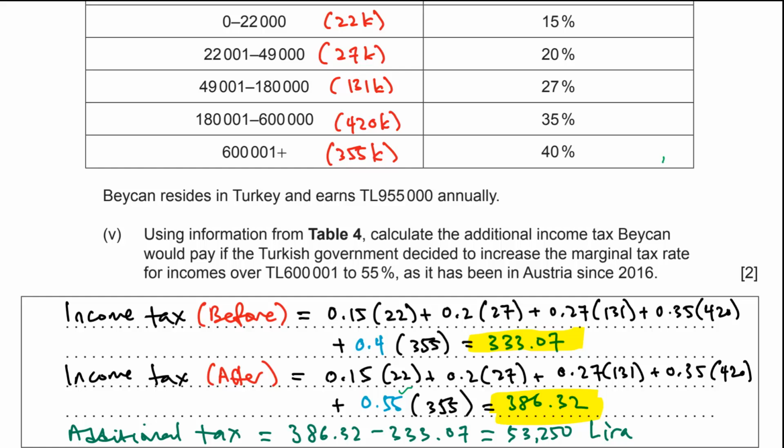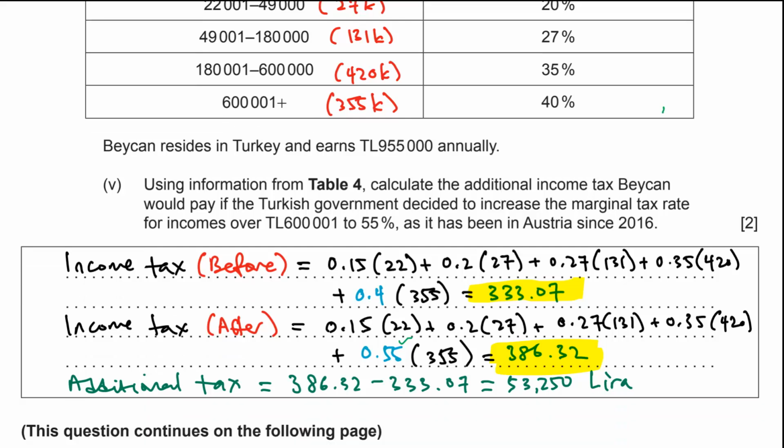That's the additional tax that he's got to pay, and that's going to be 53,250 lira. So that's how much extra tax he would have to pay were they to change this top slice from 40% to 55%.